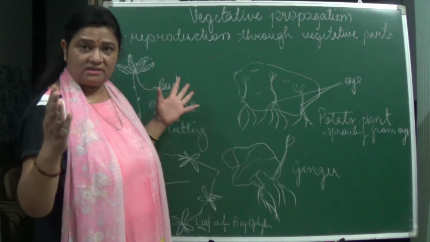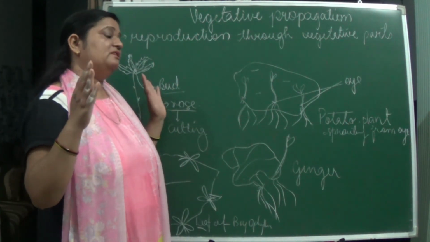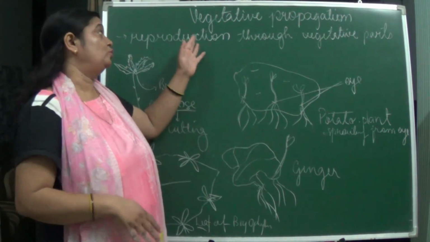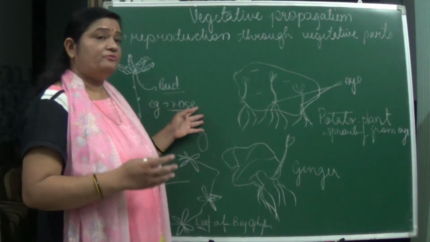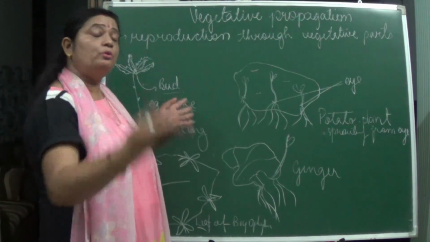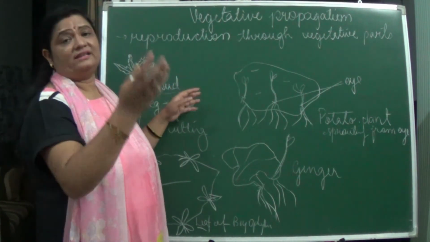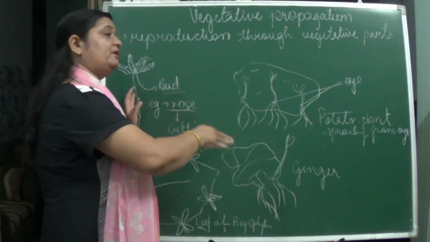It takes tremendous, or we'll say it takes a lot of time. So in the case of those plants, they do it by that vegetative propagation manner only rather than going in the reproduction with the help of the flowers.